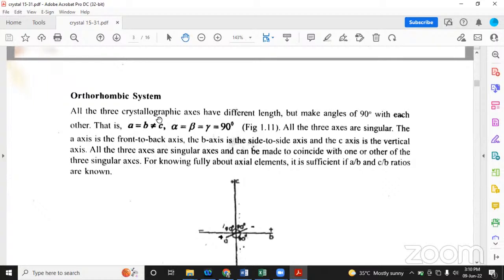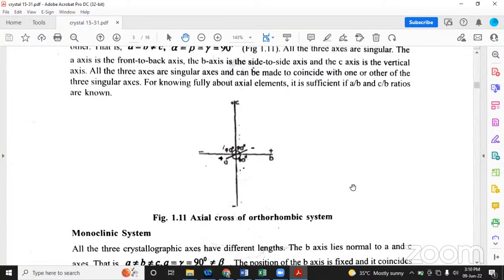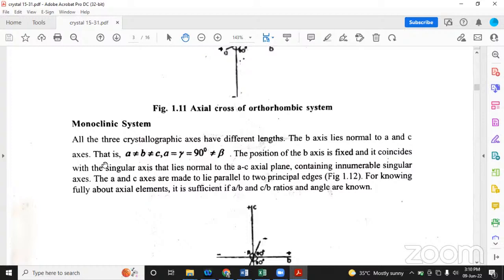A is not equal to B, not equal to C, so there is no equal length. Whereas alpha, beta, gamma, the three angles, are 90 degrees, that is equal. This is called the orthorhombic system. These three lines, A, B, C, are unequal; the angles are the same. Now come to the monoclinic system.